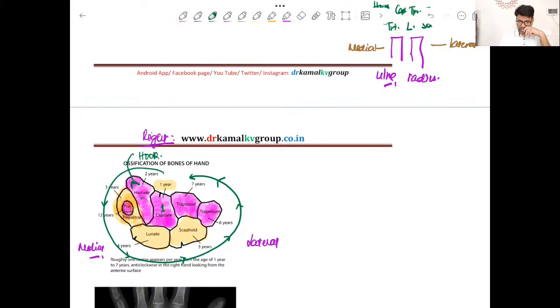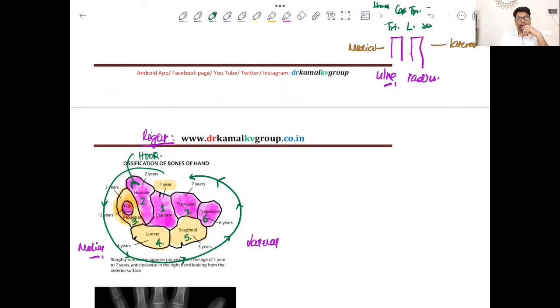Then the next to ossify, in the next year, is hamate, right? Then in the third year there will be ossification of triquetral. Please remember this is triquetral. Then in the fourth year, ossification of lunate. Fifth year, scaphoid. Sixth year, trapezium, and seventh year, trapezoid, right?